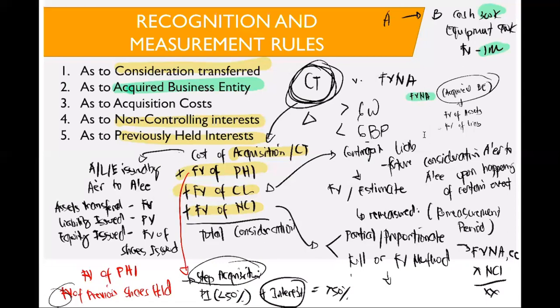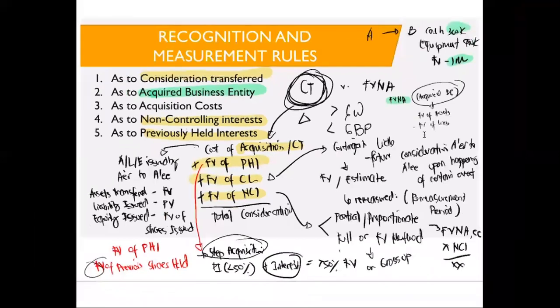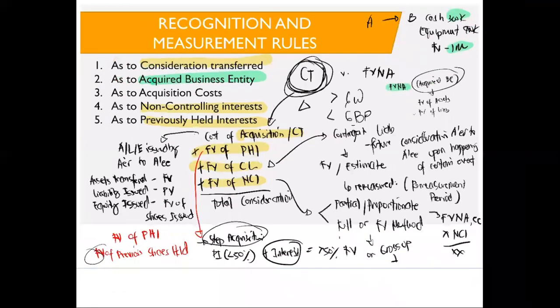For your full or fair value method, it's either the fair value is given or we gross it up. So how does your gross up work? For gross up, we get your total consideration given, we divide it by the interest purchased, and we multiply it by the non-controlling interest.